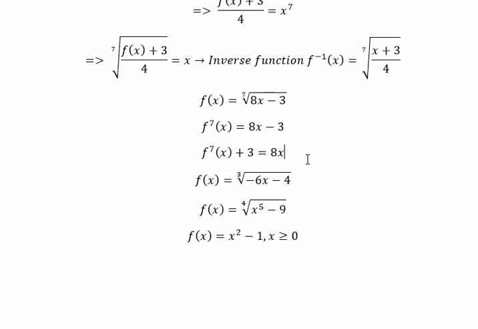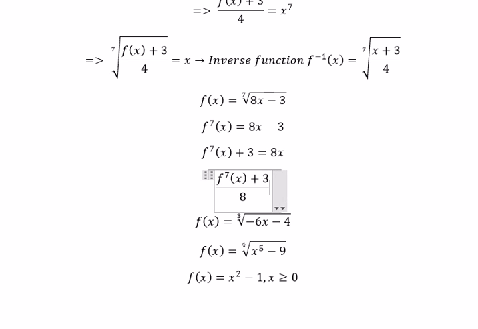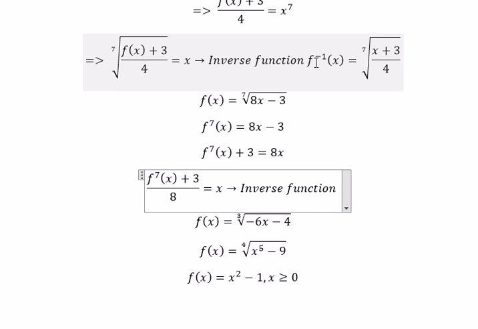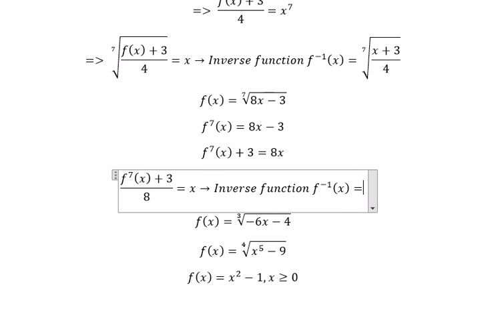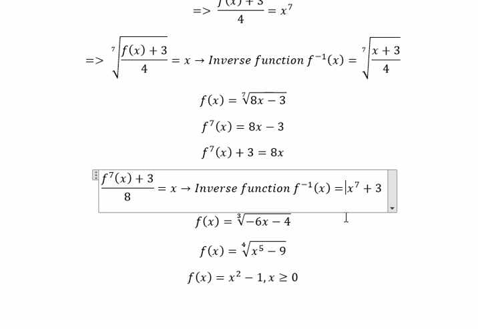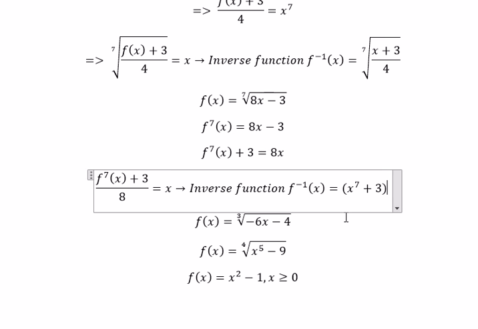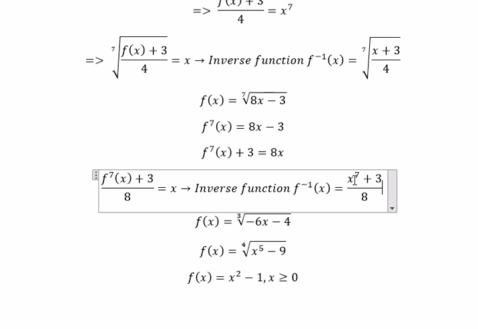Later, we divide both sides with number 8. And now we can get the inverse function. That's s to the power of 7 plus 3, everything over number 8. And this is the inverse function.